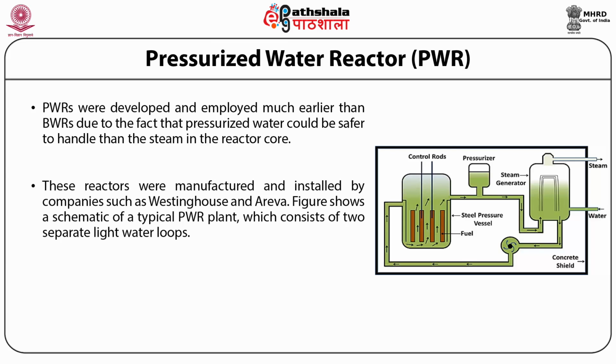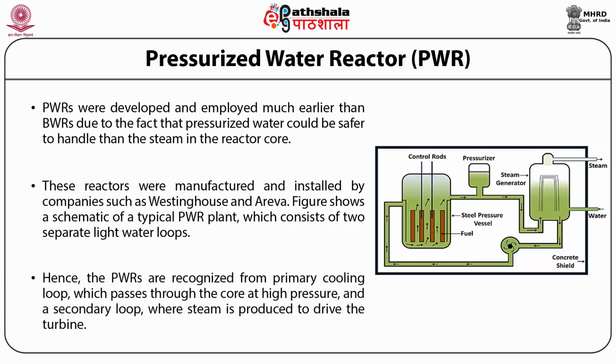These reactors were manufactured and installed by companies such as Westinghouse and Areva. The figure shows a schematic of a typical PWR plant consisting of two separate light water loops.